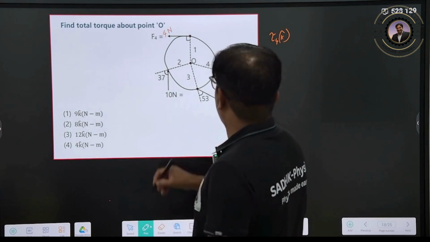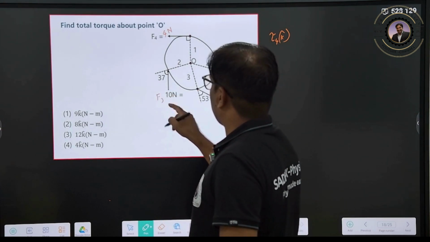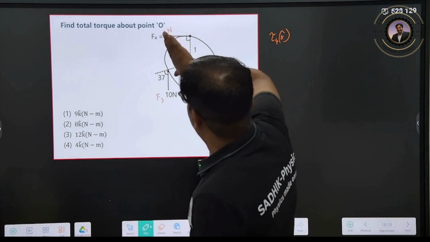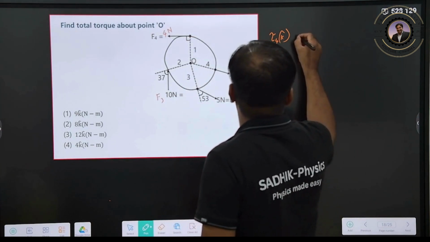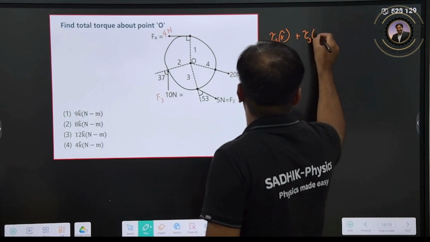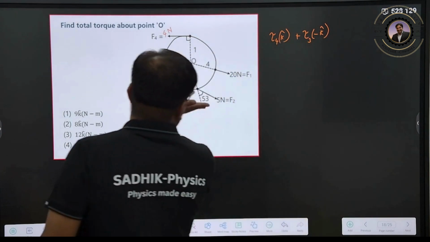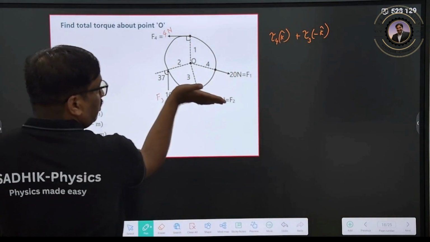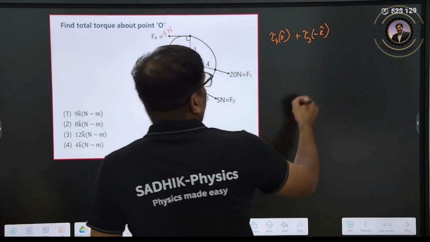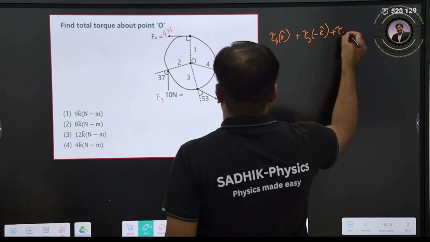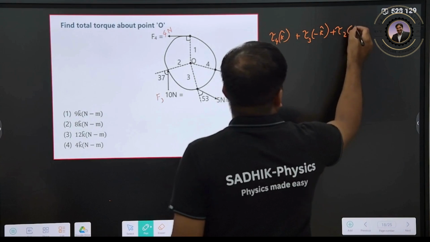This F3, suppose this is your F3, 10 newtons. It is exerting force like this, it is inside. Therefore, torque due to F3 is minus K cap. F2 is exerting the force like this, it is outward. Therefore, torque due to the second is plus K cap.